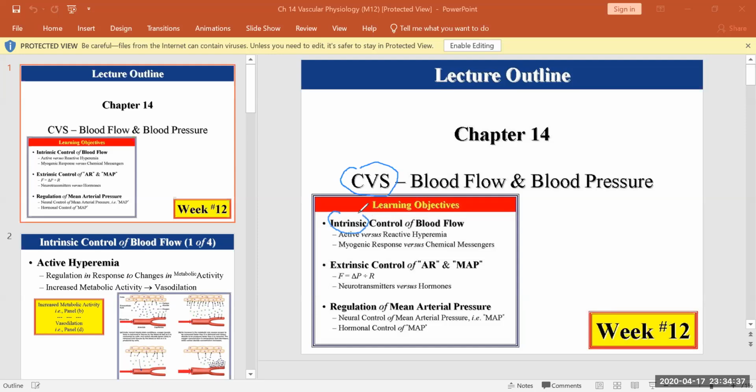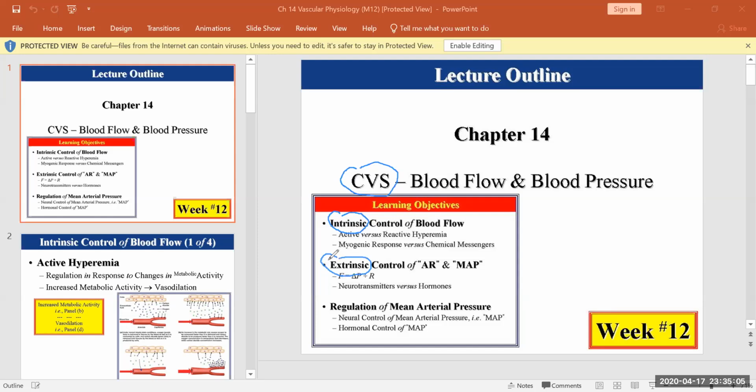These are ingrained into the cardiovascular system. The cardiovascular system has these in place, right? The heart, we saw it in chapter 13. Today, we're going to see that in the blood vessels. They have this capability of self-controlling their activities. The other factors outside the cardiovascular system, we call extrinsic factors.